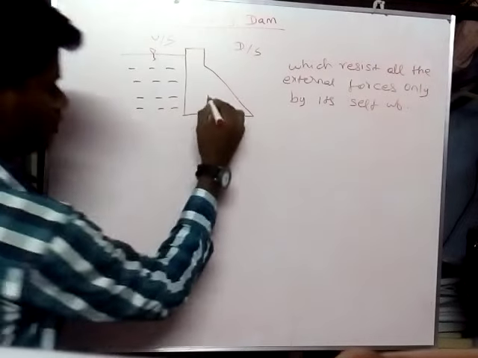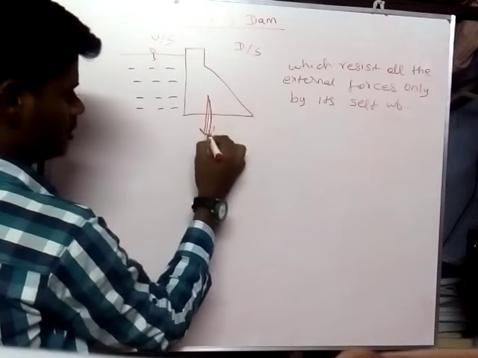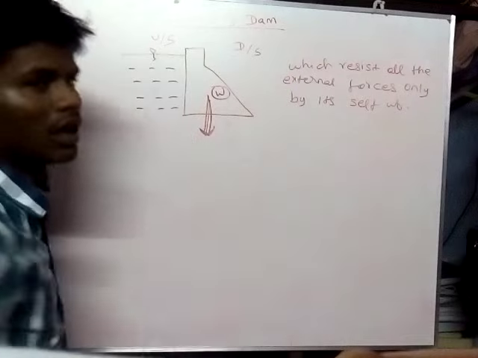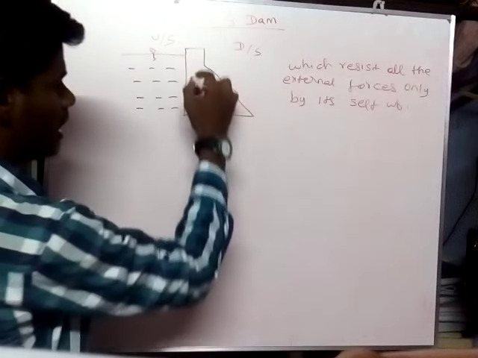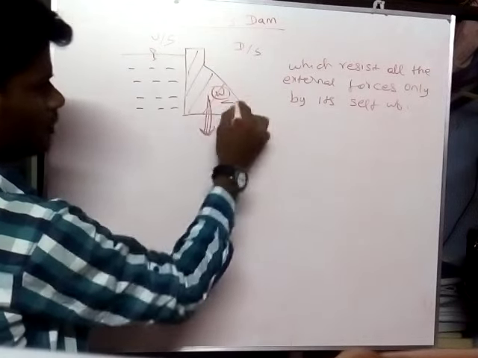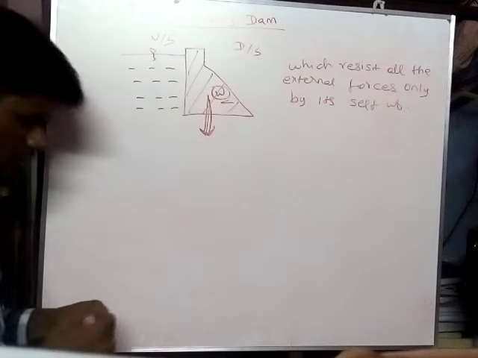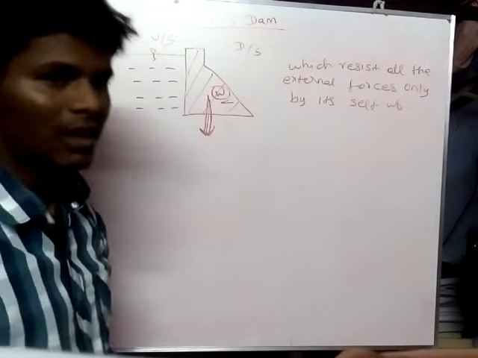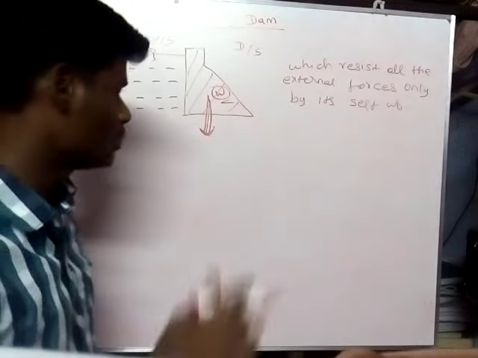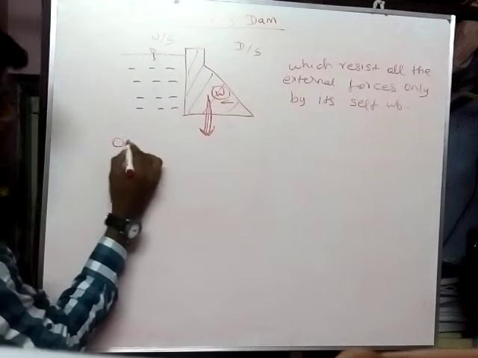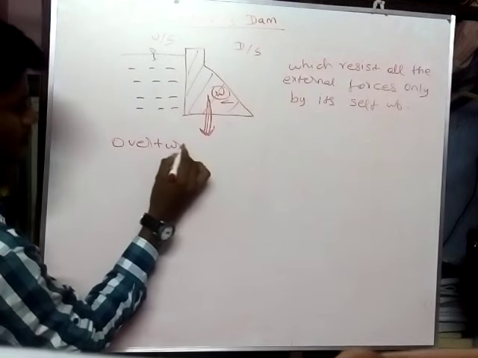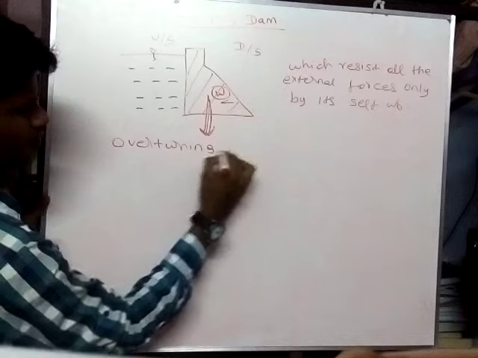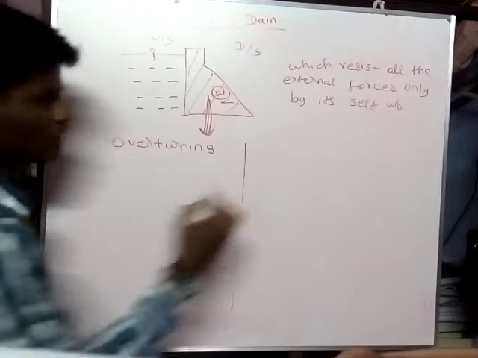The self-weight means the weight of the concrete material of the dam under the action of gravity. In a gravity dam, there are two types of failure, two criteria. One is overturning and another one is sliding.